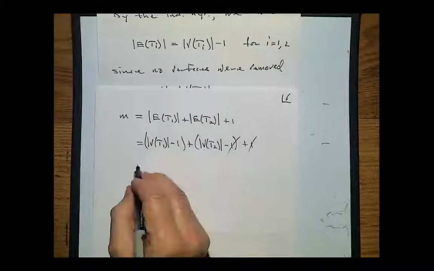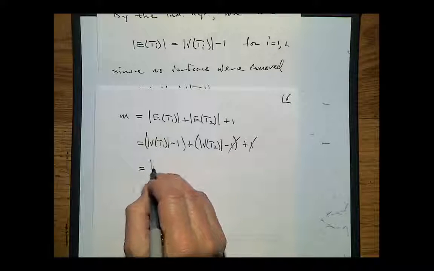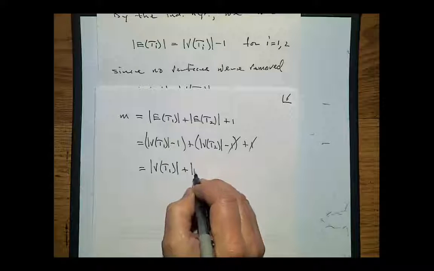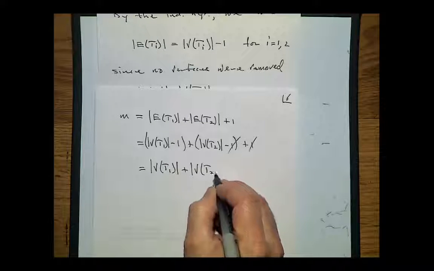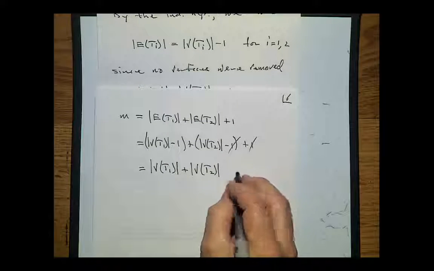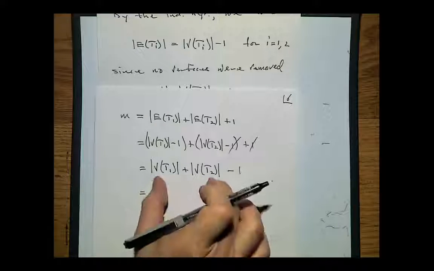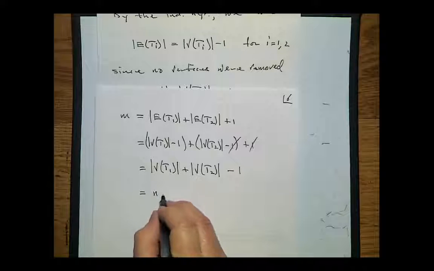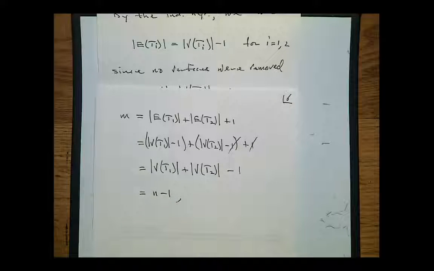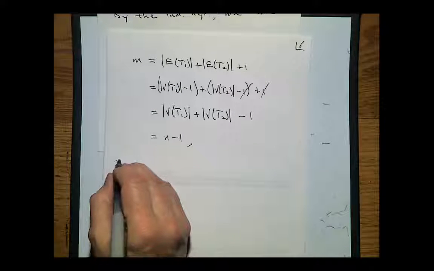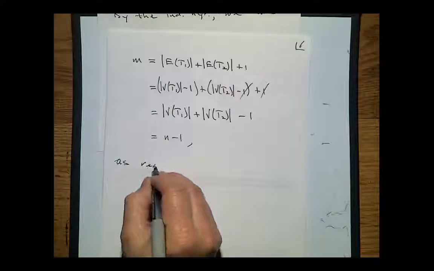Cancel a couple of 1s, and I get number of vertices in T1 plus number of vertices in T2 minus 1. But, as we saw, these two add up to n. This is n minus 1. And that's what we wanted to show, m equals n minus 1, as required.